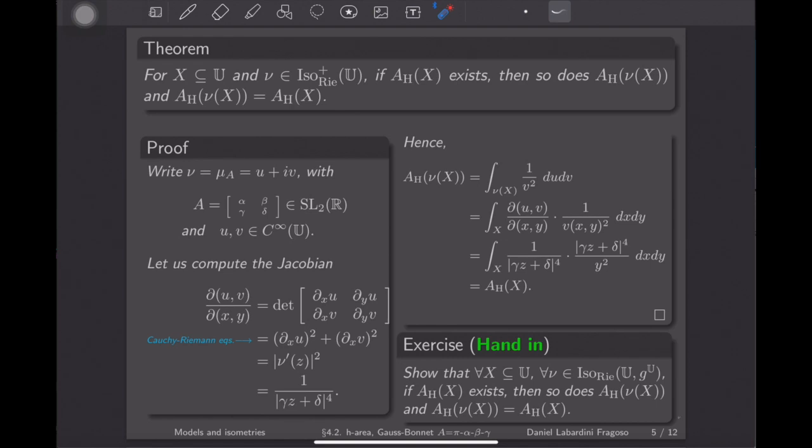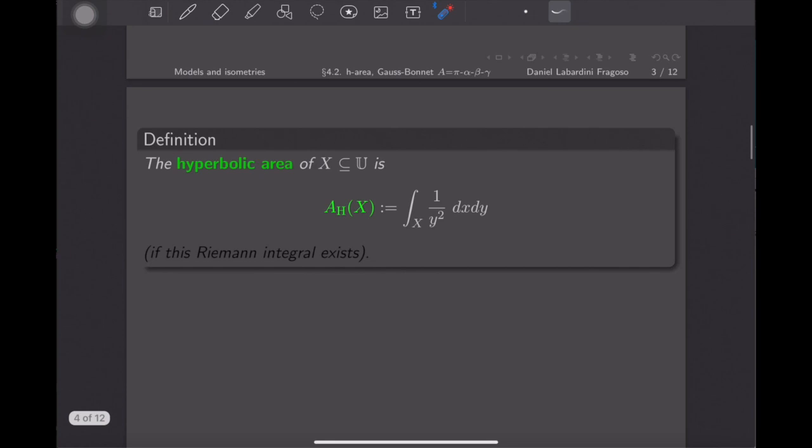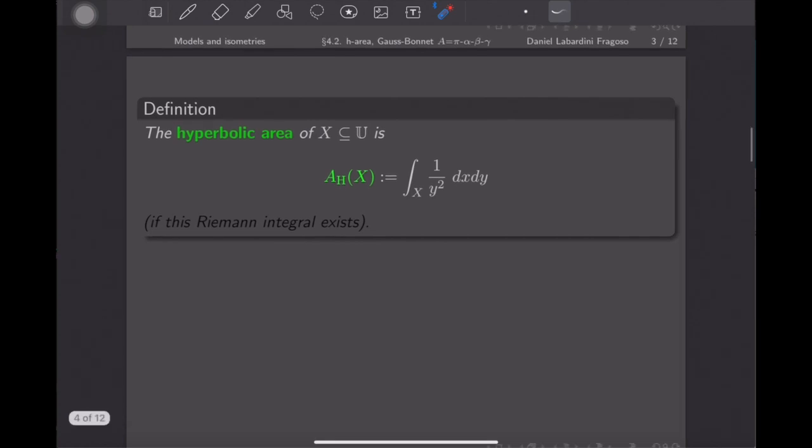Since I want to show that these two areas are the same, what I really want to show is that certain two integrals are the same, where to this set I apply some transformation, right?